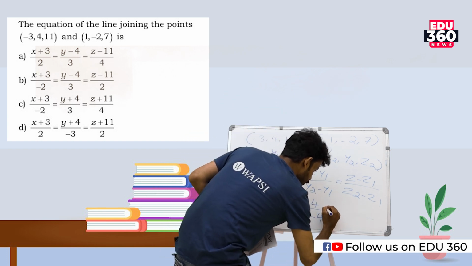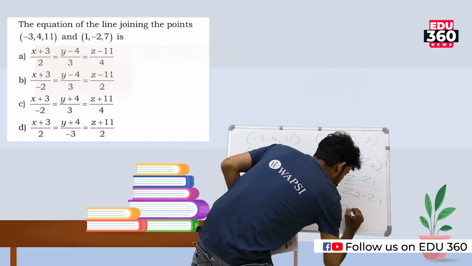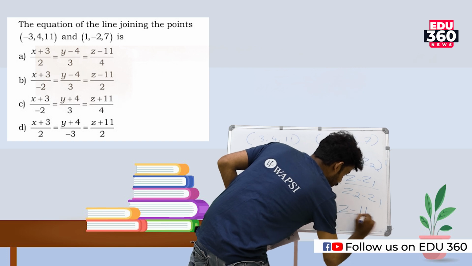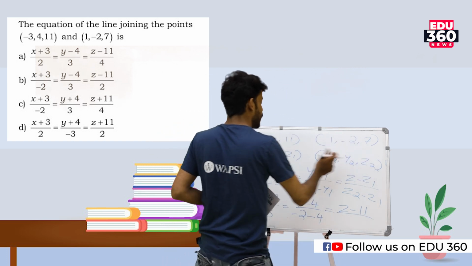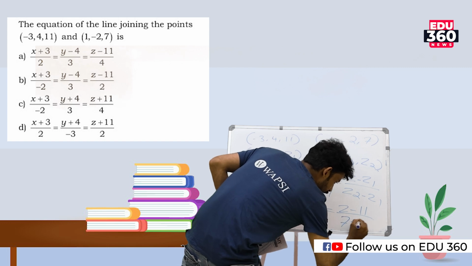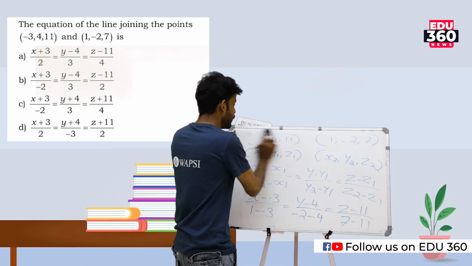Equal to z minus z1, where z1 is 11, so z minus 11 divided by z2 minus z1, that is 7 minus 11. On the next step we can reduce this.